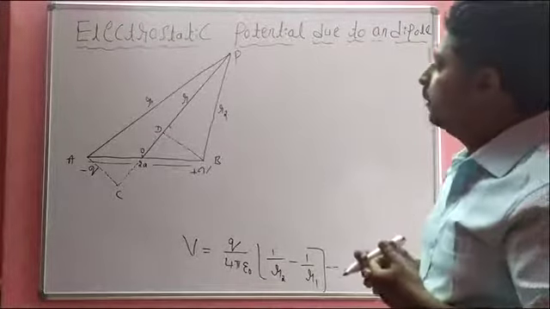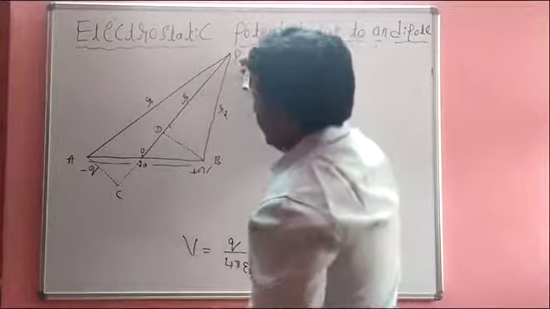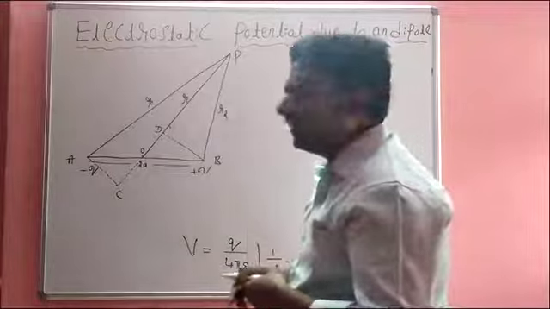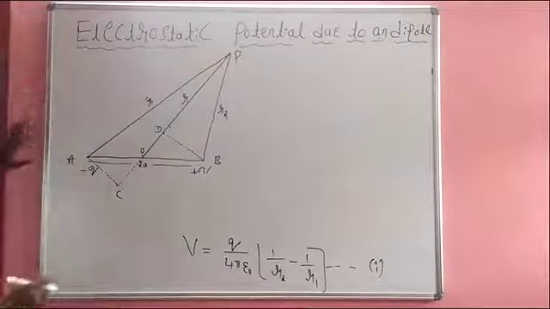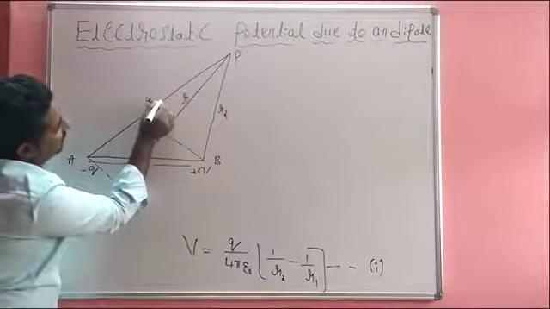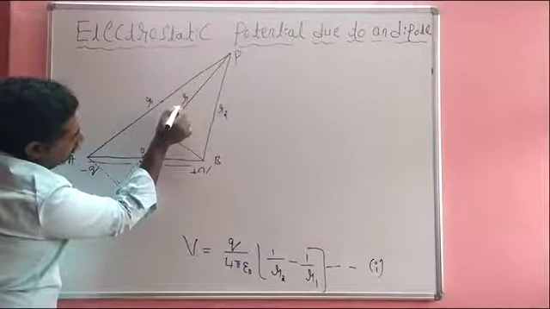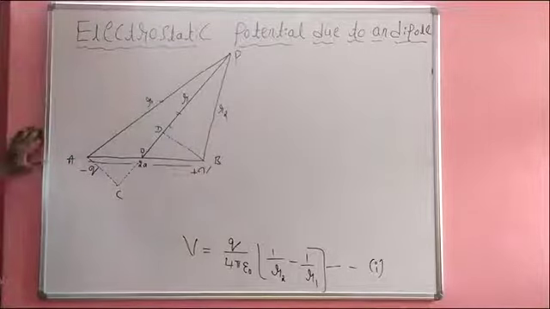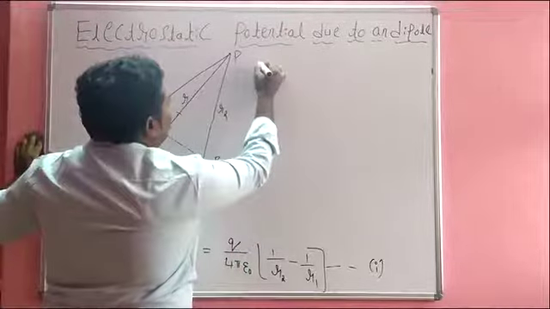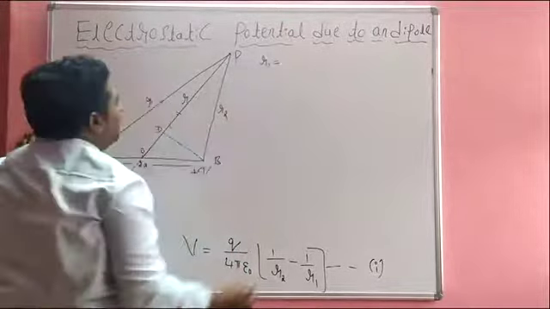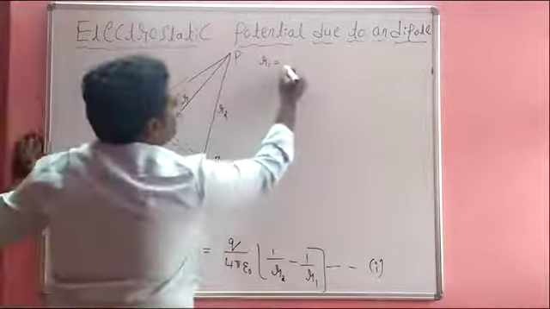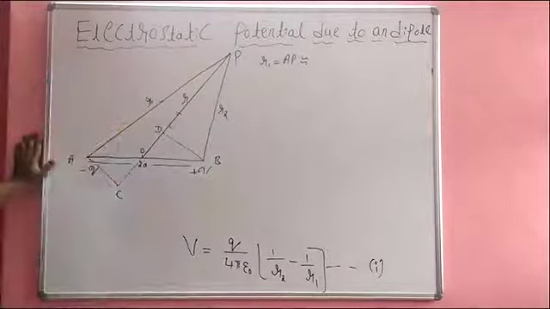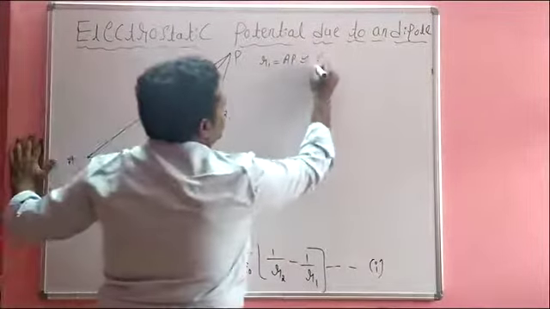How to find R1 and R2? Looking at the triangle ACP, R1, that is AP, is approximately equal to PC, correct?